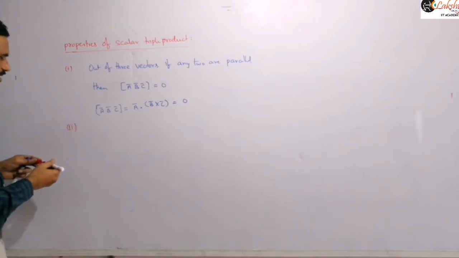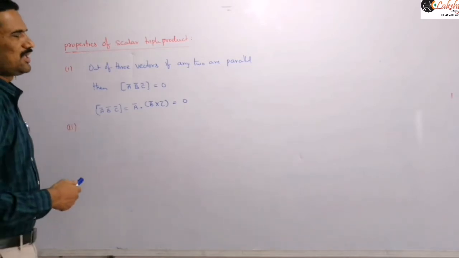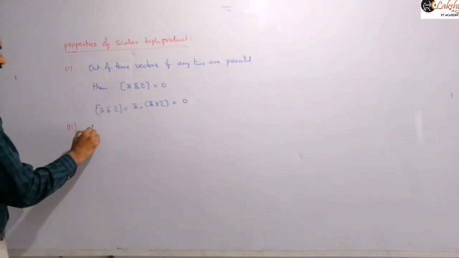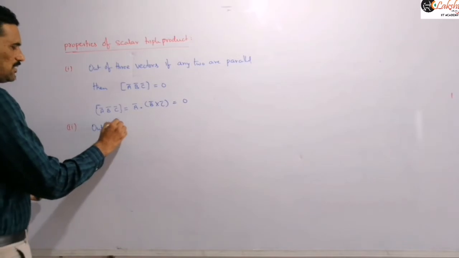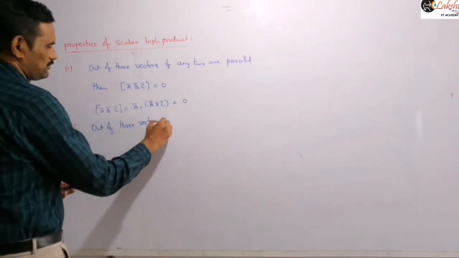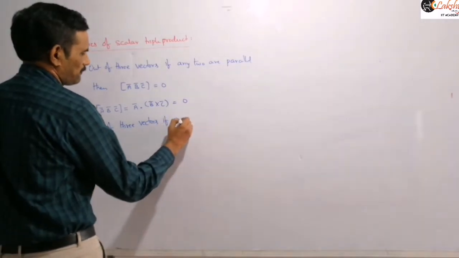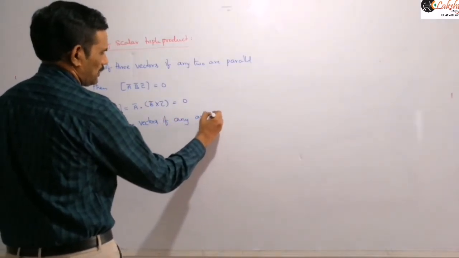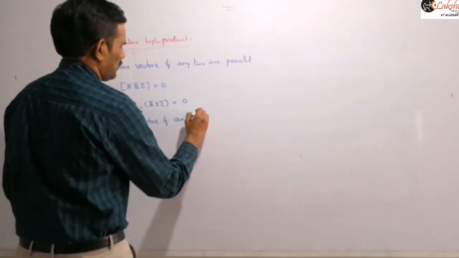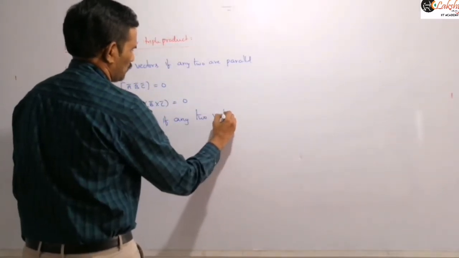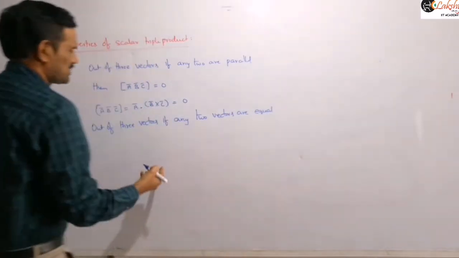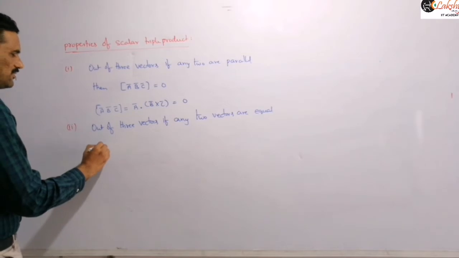Now let us take the next property. Out of three vectors, if any two vectors are equal, that is the same as the previous one.